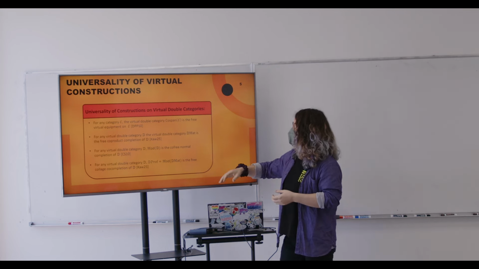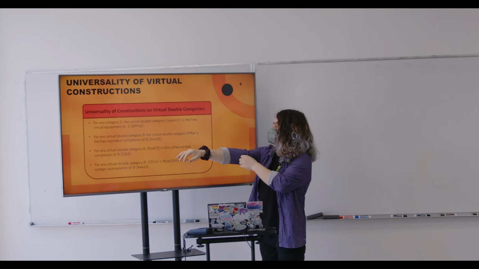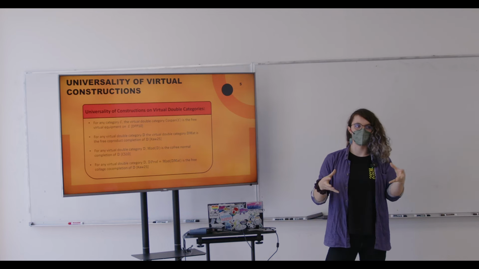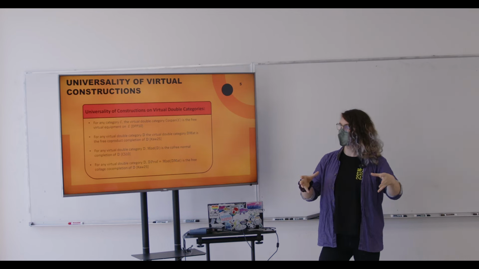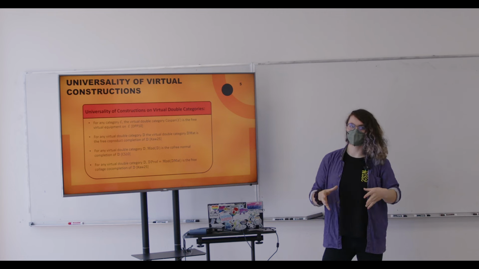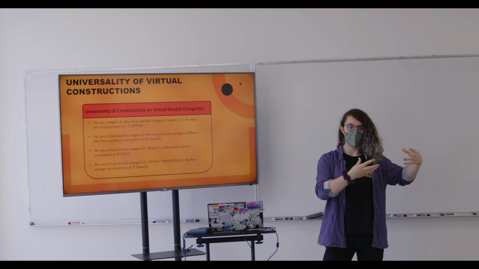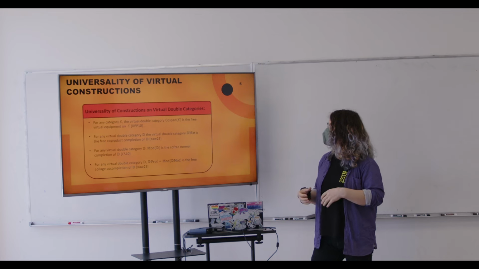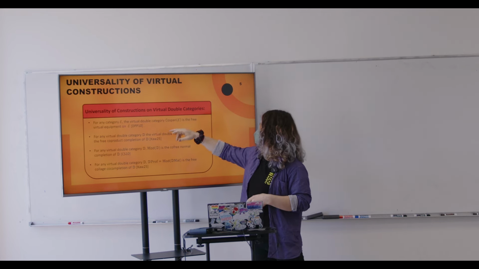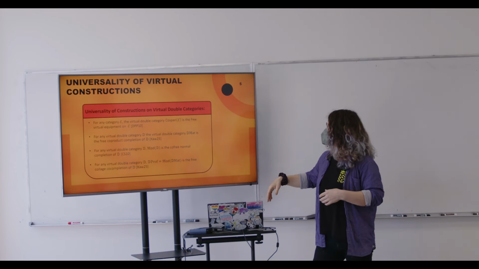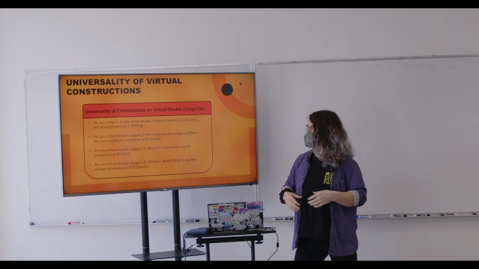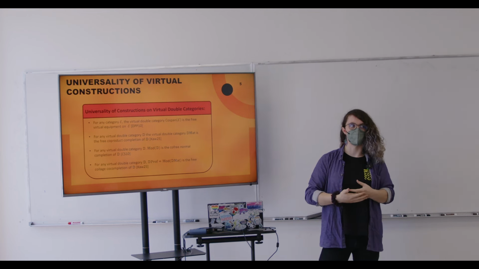For example, the cospan construction for an arbitrary category can be thought of as the free virtual equipment. I haven't introduced what an equipment is, but it's a certain type of virtual double category with some extra nice structure, which is good for doing formal category theory. But it's a free virtual equipment on that category. Similarly, the matrix construction is a certain kind of free coproduct completion.